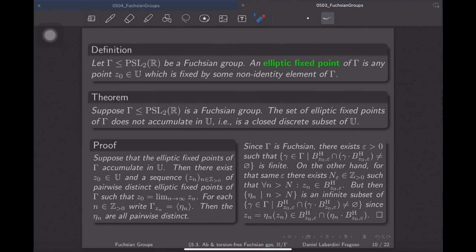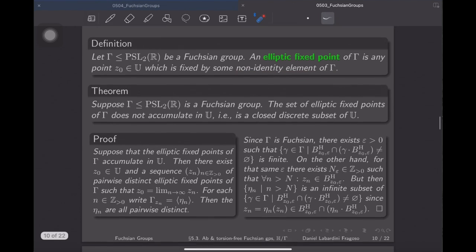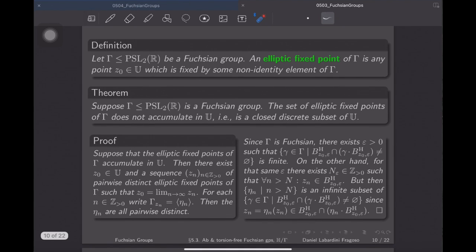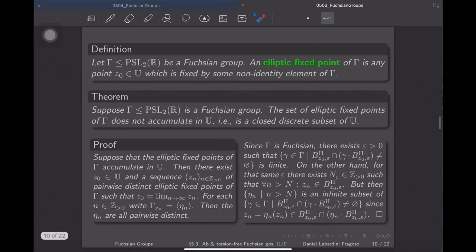But okay, so they do not accumulate in U. Another way of seeing this is that if I pick a point randomly in the hyperbolic plane, it is most likely not fixed by any non-identity element of the group. Which is important for when we construct the Dirichlet polygon.